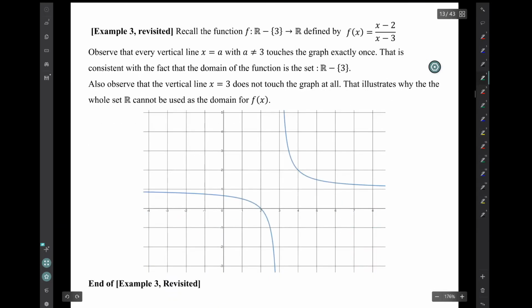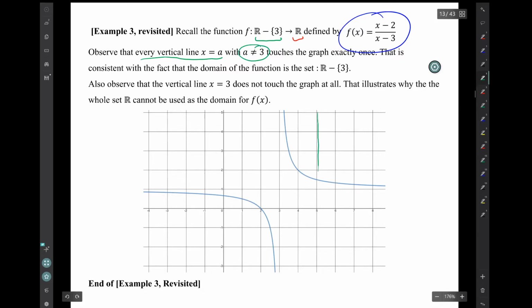Now let's go back and look at example 3. Consider this function, the function with domain, the set of real numbers except 3, and range, the set of real numbers, defined by this formula, f of x equals (x minus 2) divided by (x minus 3). Notice that every vertical line with equation x equals a, where a is not equal to 3, touches the graph exactly once.